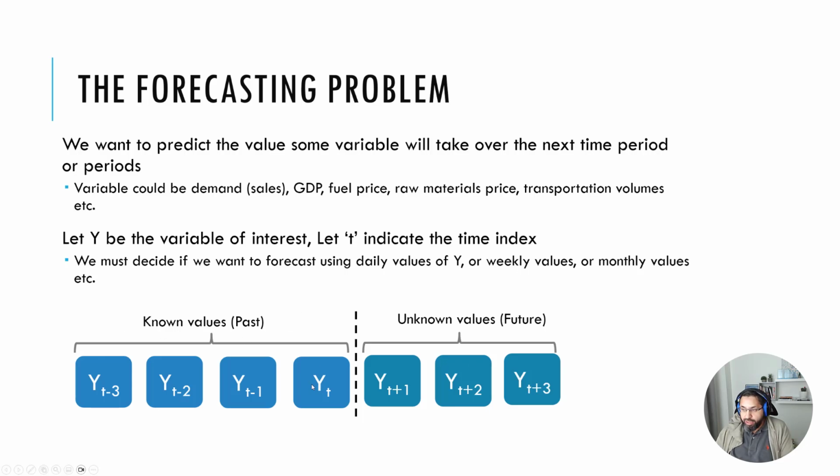Yt indicates the value at time t. And in this example, this is the current value. So if you're sitting in October, this would be y of 10 if we have monthly data for the value of y for October. Then the previous value will have a subscript which is 1 less.